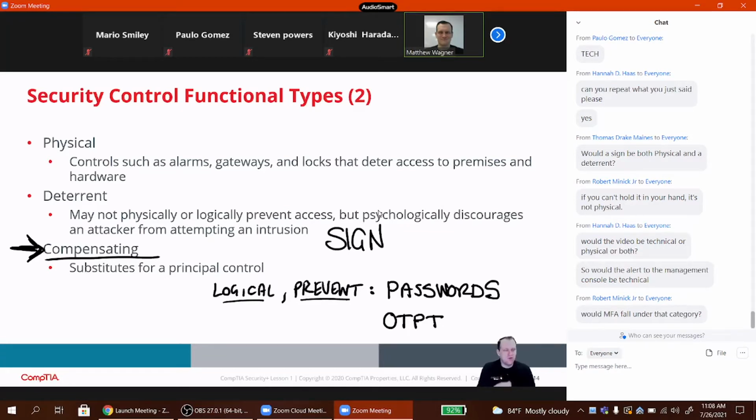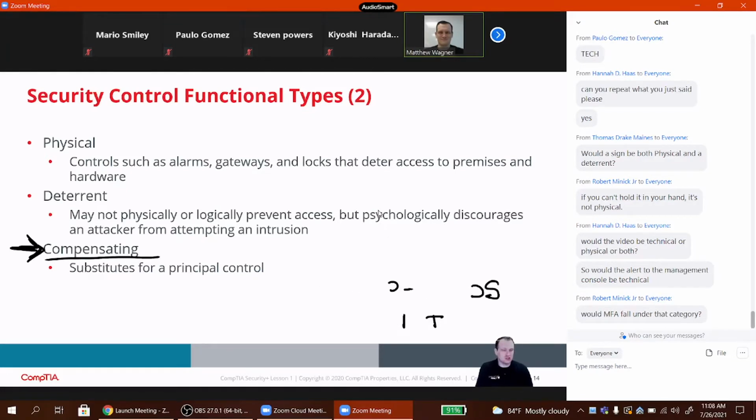Let's say a company has a physical preventative/deterrent: fences. But fences aren't perfect. So we compensate by making sure that the doors on the building are sturdy and locked. It's, as Bill put it, our plan B. Yeah, it compensates for the main control not being ideal.